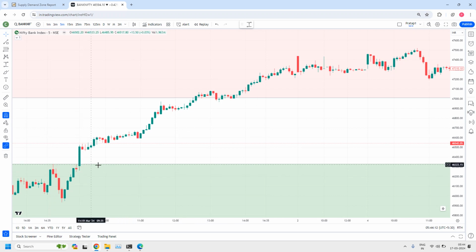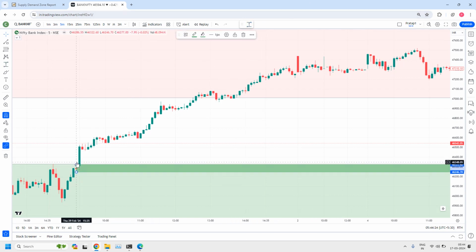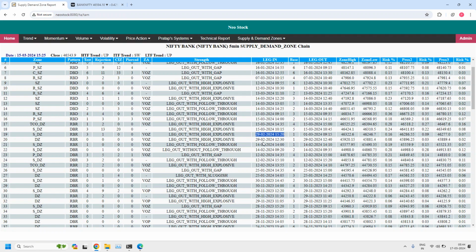Earlier I told you the daily zone is holding the prices. There could be order flow here. That is what I told you earlier. Exactly, this is the one. Let me show you again where it picked up the orders earlier. We have a rally, base, rally, 29th February 1520, one base candle.